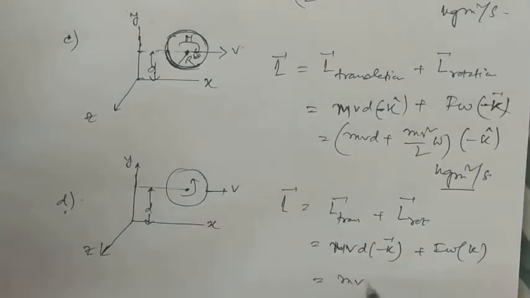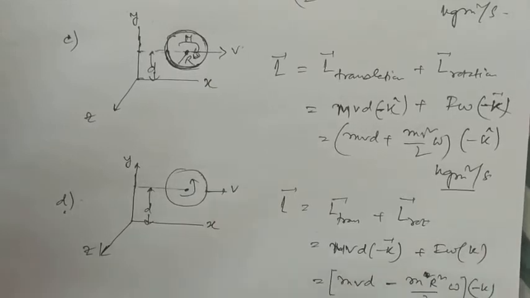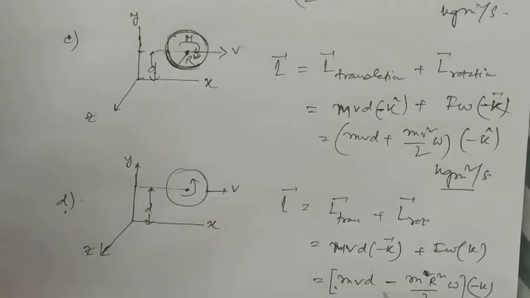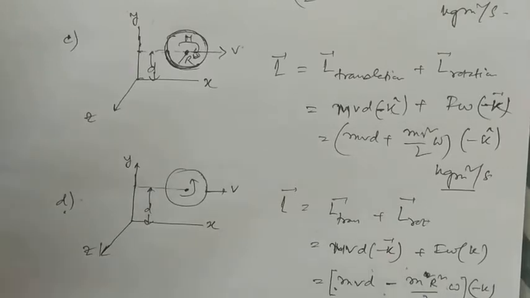So the value will be m v d minus m r square by 2 omega into minus k. If we take minus k common from both, the expression will be m v d minus m r square by 2 into omega, also kg meter square per second.